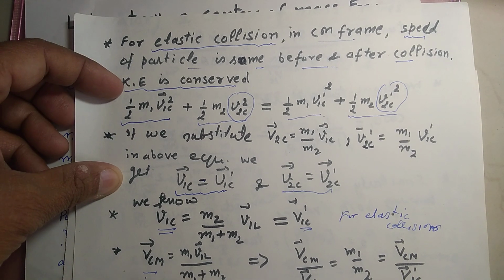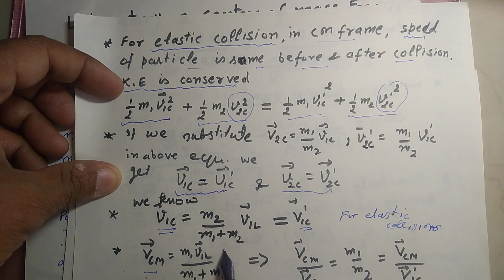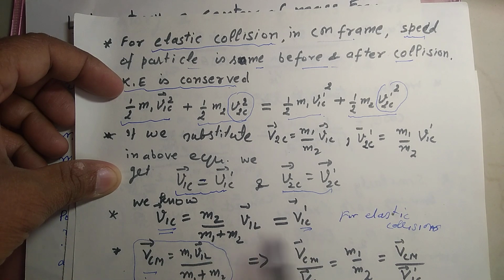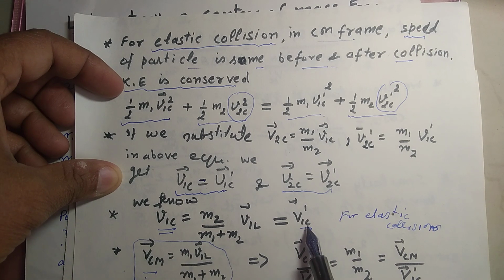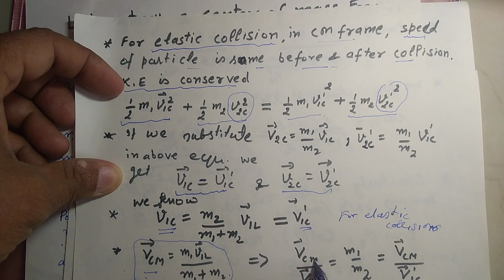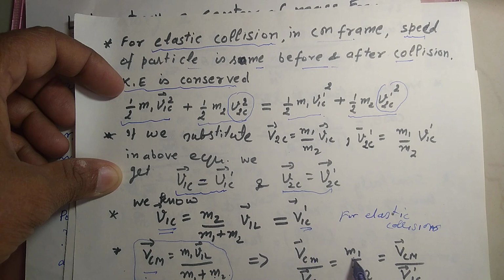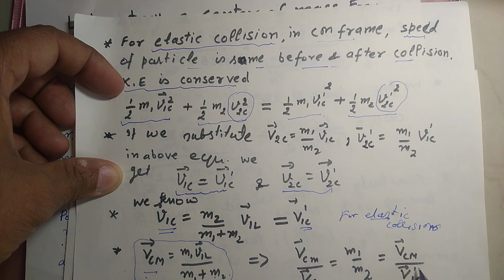Now if I divide this expression by this, vcm divided by v1c, here m1 plus m2 will get cancelled and we will have m1 divided by m2. And you know that for the elastic collision, v1c is equal to v1c prime.